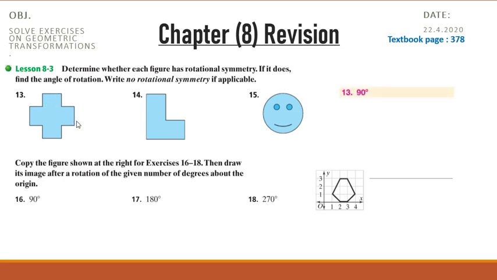So the first one, yes, it has rotational symmetry, and the angle of rotation is 90 degrees in the positive direction, of course, as well as in the negative direction. But in the general form, we use the positive direction. Okay. Number 14. Anyone?